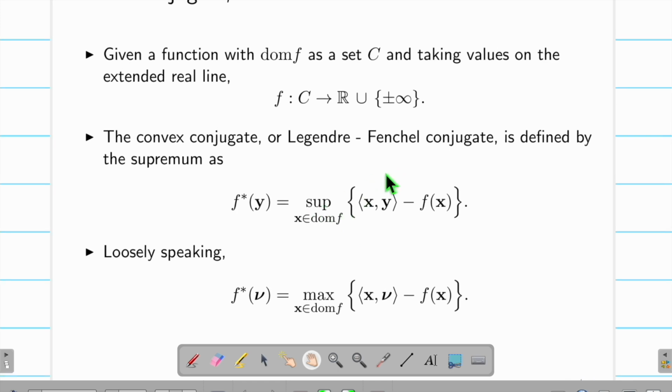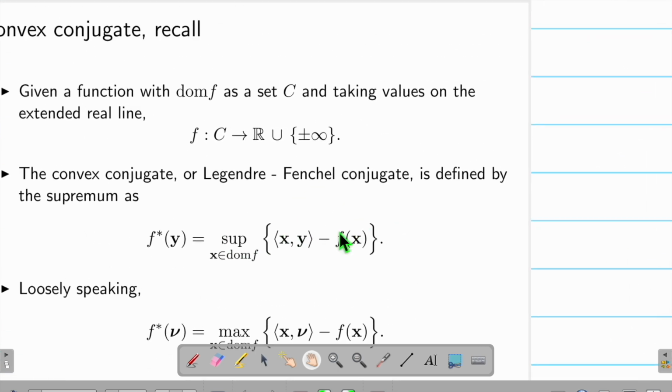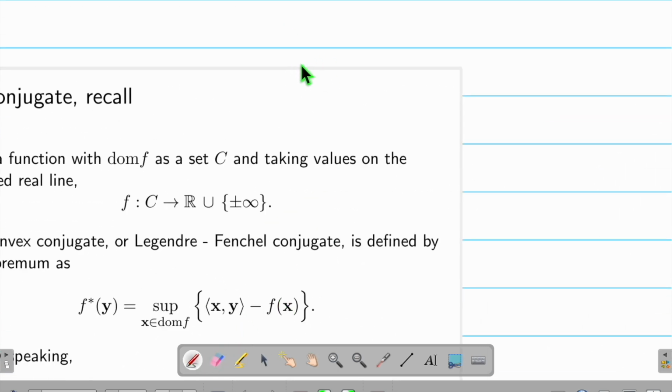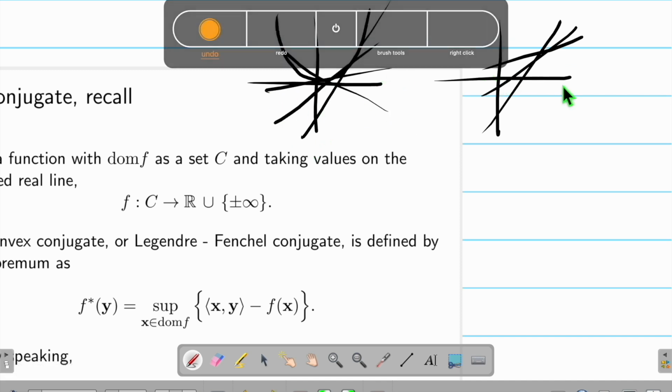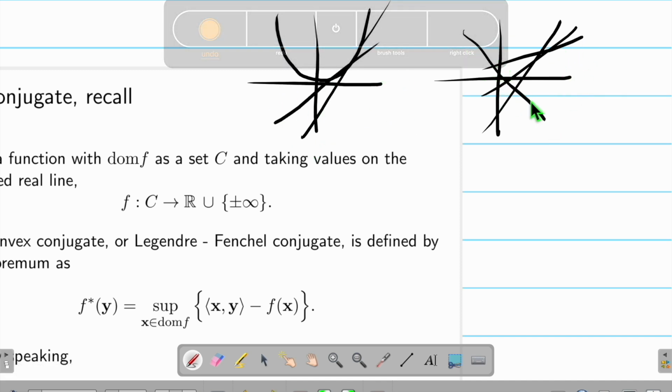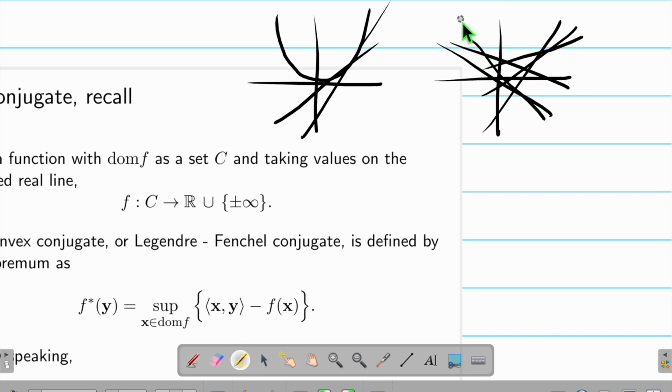Okay, so let's go to what the heck is the conjugate. Remember what I said? A function has two ways to express it. The first way is you write the graph. The second way is you write the tangents, and then you have this, right? So this thing is the same as having a bunch of lines. The second way to describe a function is you exactly use that bunch of lines. The supremum of everything is this function.